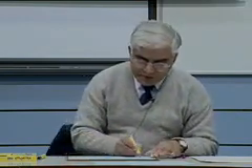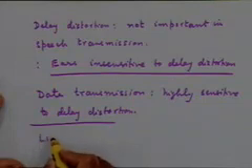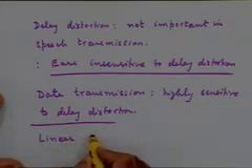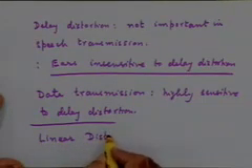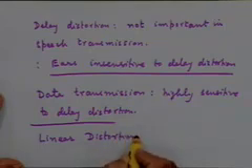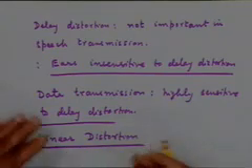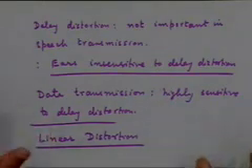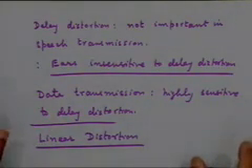So these are two kinds of distortion which fall within the domain of linear distortion. Whether we have amplitude distortion or phase distortion or both, we are talking about linear distortion.